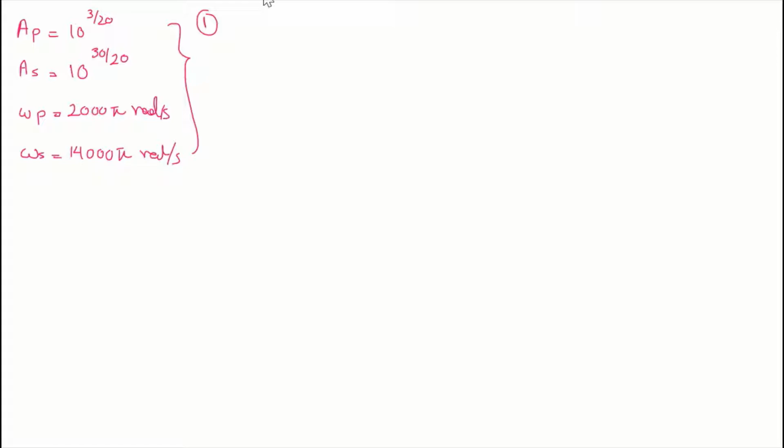For a Butterworth filter, the order of the filter should be higher than or equal to this value: the square root of (AS squared minus 1) over (AP squared minus 1), divided by log of omega s over omega p, log to the base of 10.